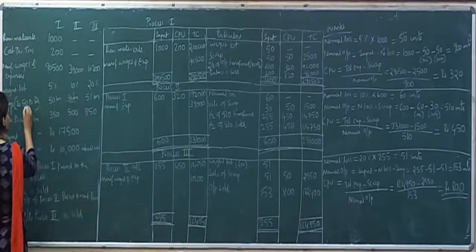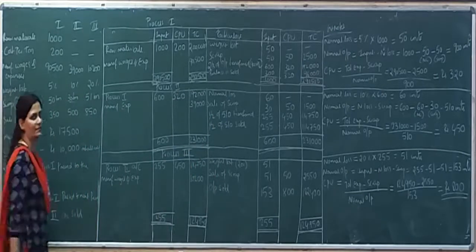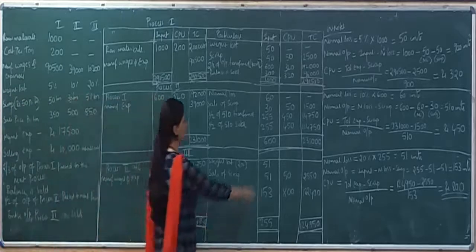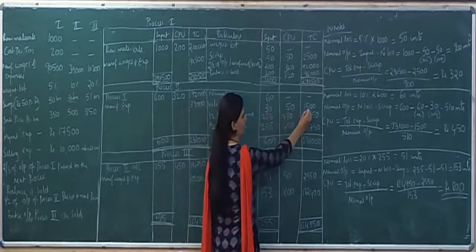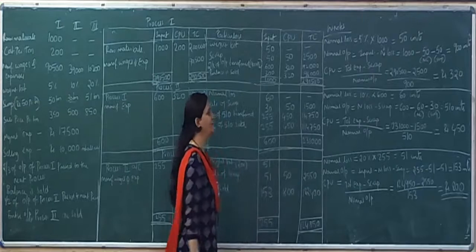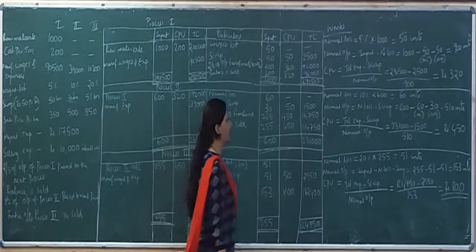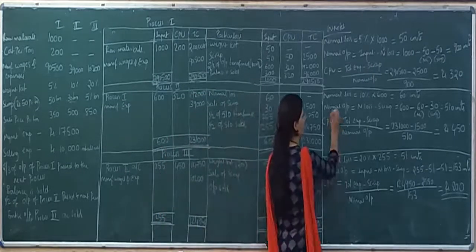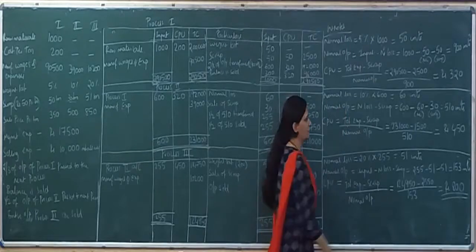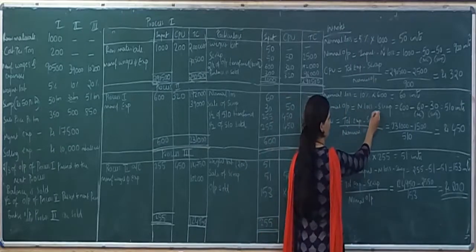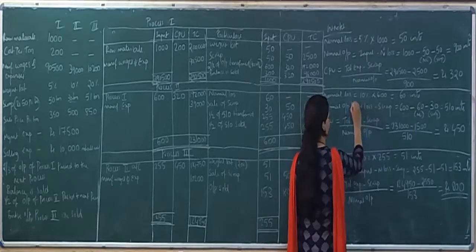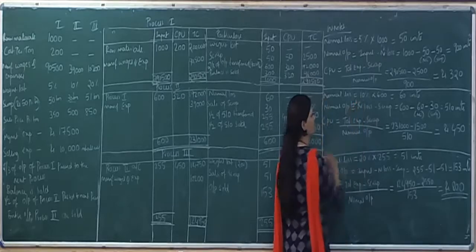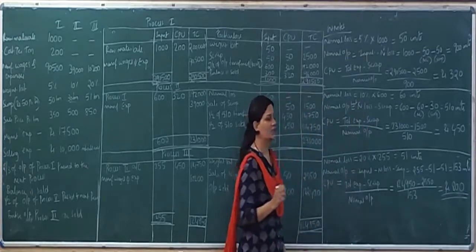And next they have given sale of scrap. Sale of scrap they have given as 30 tons at 50 rupees each. So 30 tons at 50 rupees each comes to 1,500. Now we can find out what the normal output is. So input minus normal loss minus scrap.